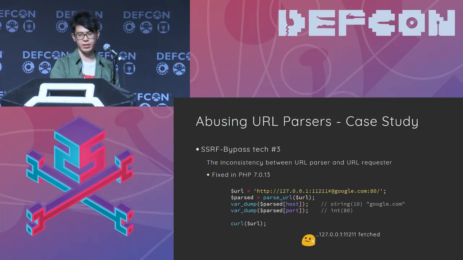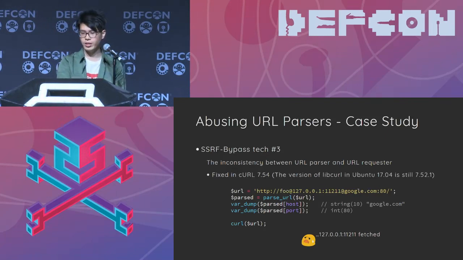This is handy, but has been fixed in PHP 7.0.13. If you don't like PHP, you can still exploit the bug in curl, and the result is the same. This bug is also fixed in curl 7.54, but most of the patches didn't keep up.